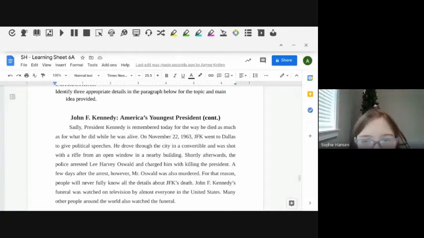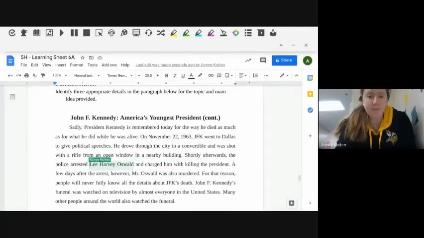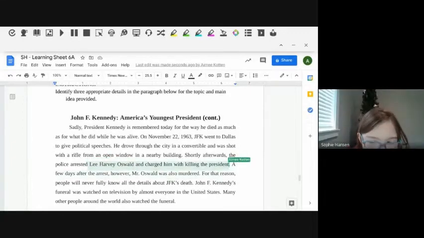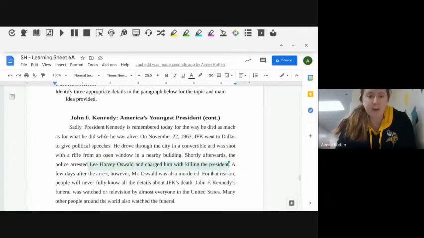I think this time I'm gonna go with the yellow. Okay. Let's see. There it is. Okay, there's one. Can you tell me another detail?